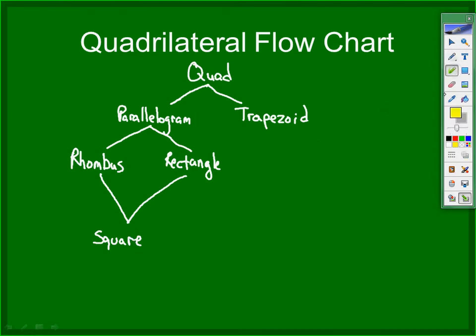When you look at this flow chart, you can see that every square is a rhombus going this direction, but not every rhombus is a square. Every square is a rectangle, but not every rectangle is a square.